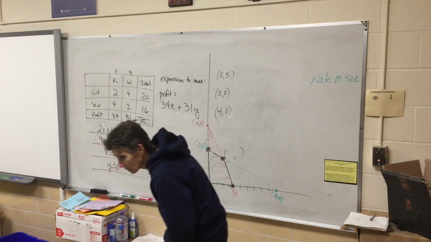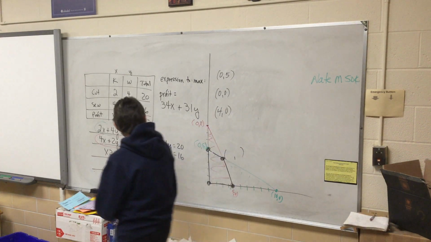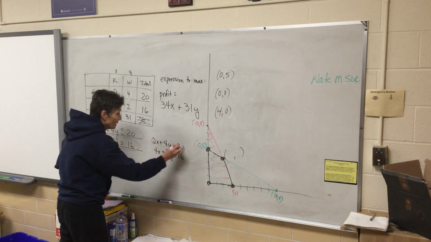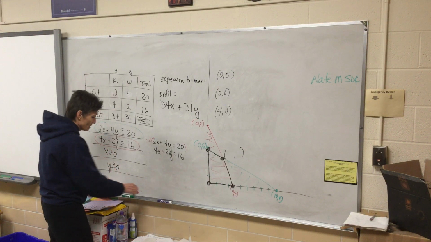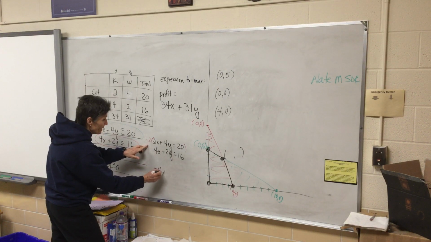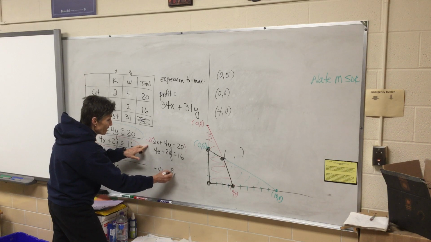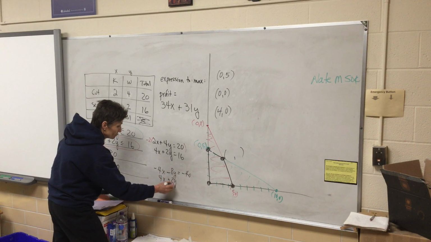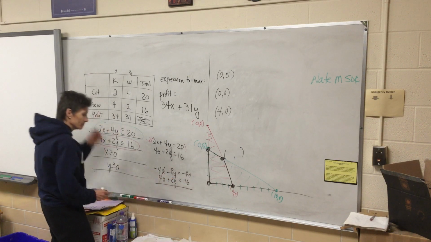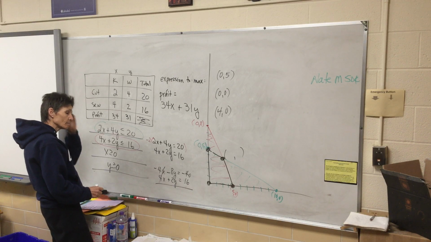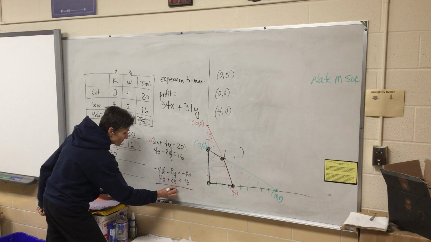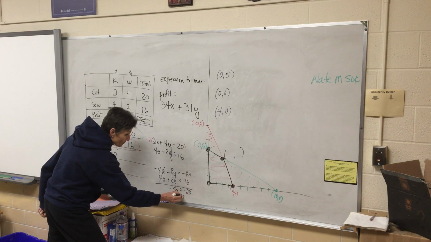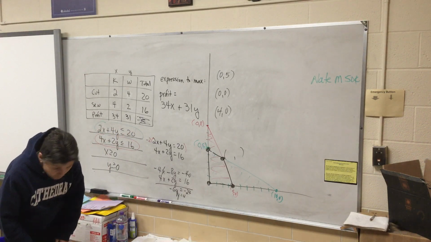You can do elimination and multiply the top by -2. All right, so we got to get a negative in there somewhere. So she says, let's multiply the top by -2. So that would be -4x minus 8y equals -40. So -6y equals -24. And it looks like y equals 4.